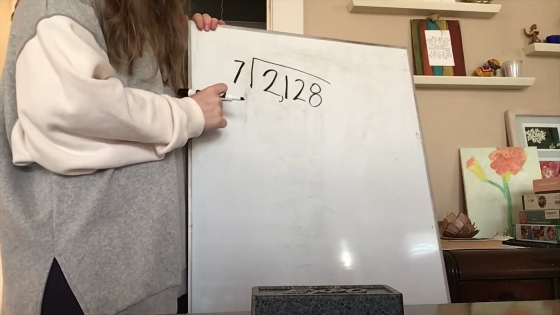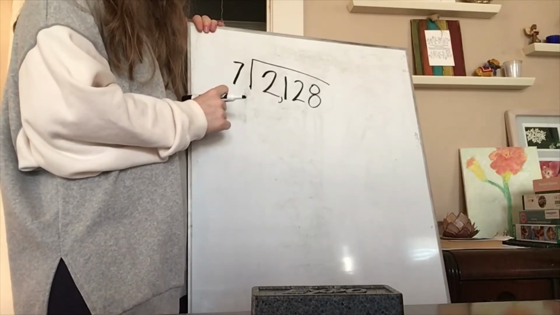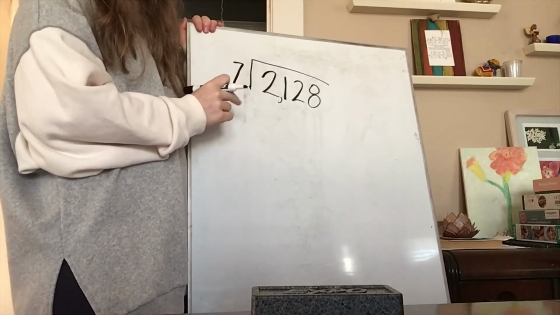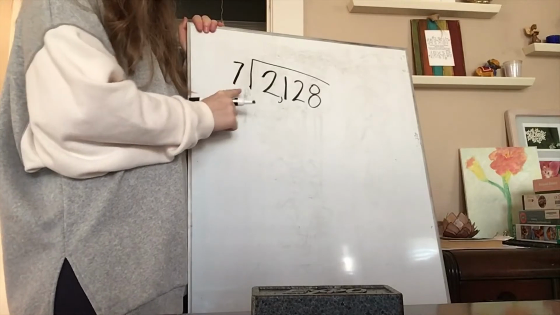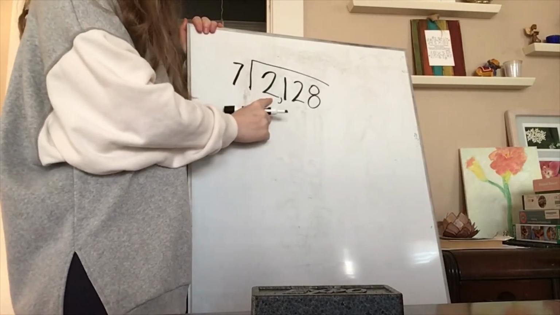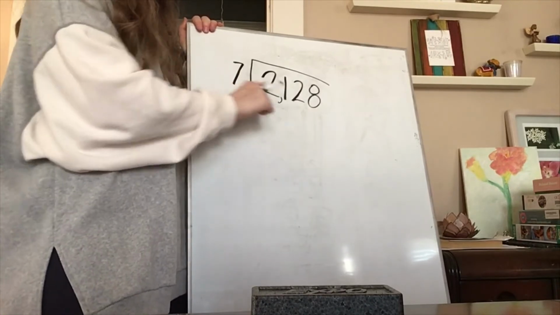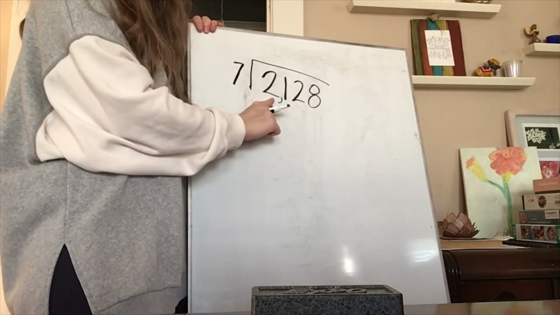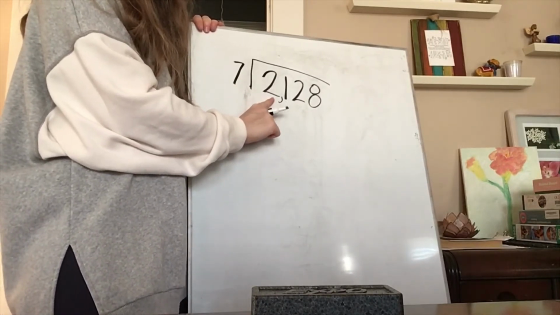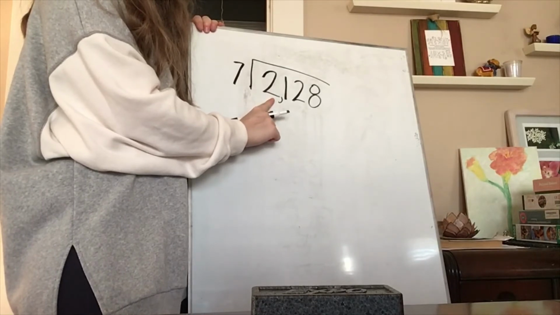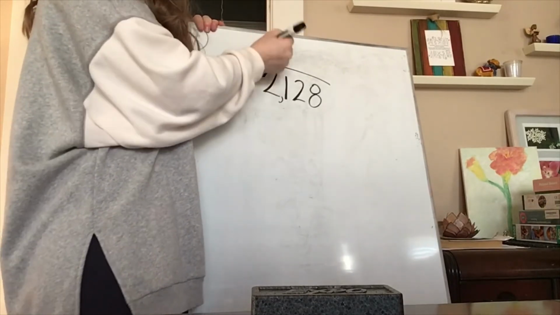You have to see how many times the divisor can go into the first digit of the dividend. Very good. So we're seeing how many times our divisor, 7, will go into our first digit of our dividend, 2. Kingston, can 7 go into 2 without going over? No, it can't. So do we put a 0 up here?